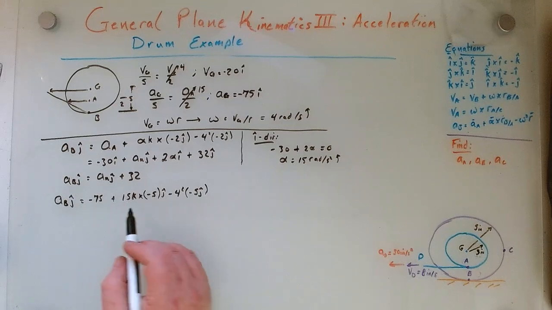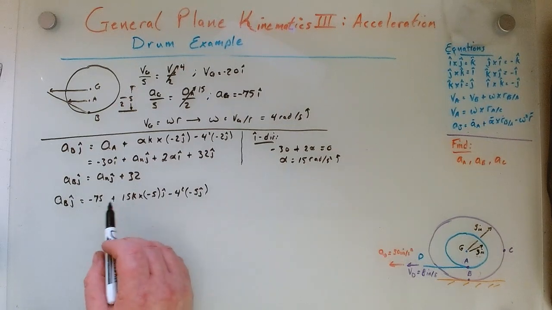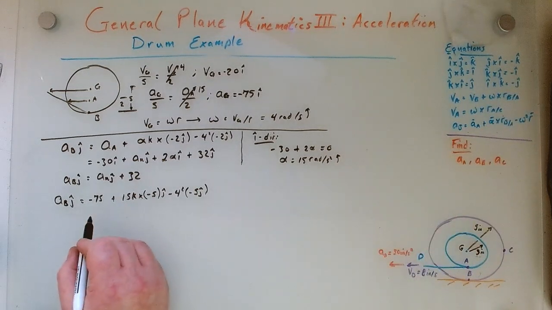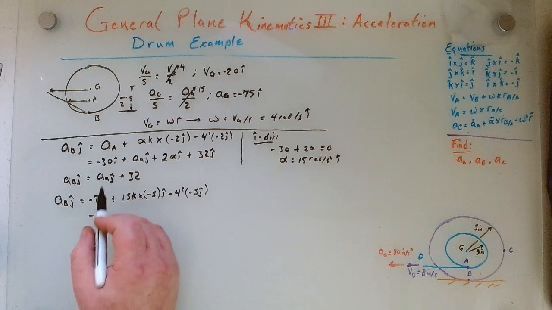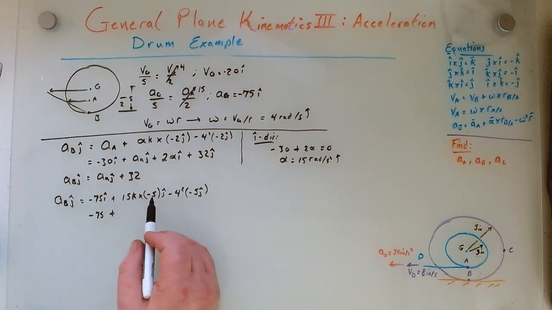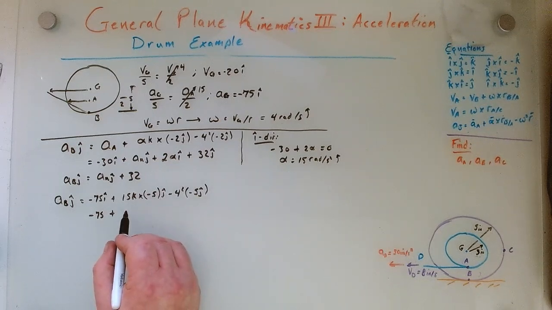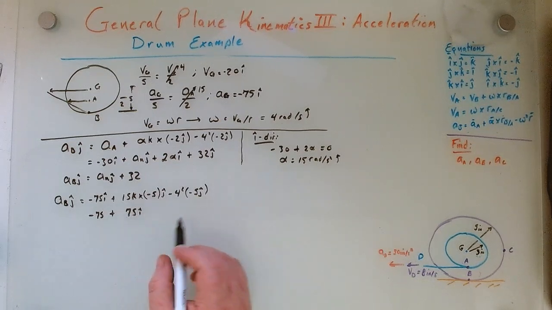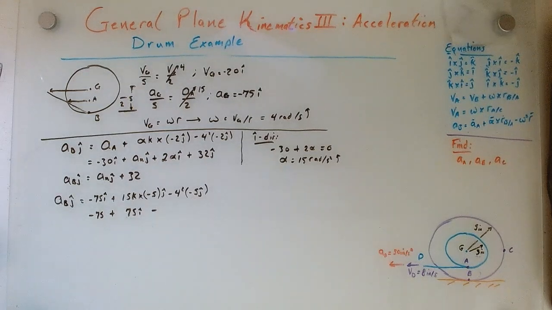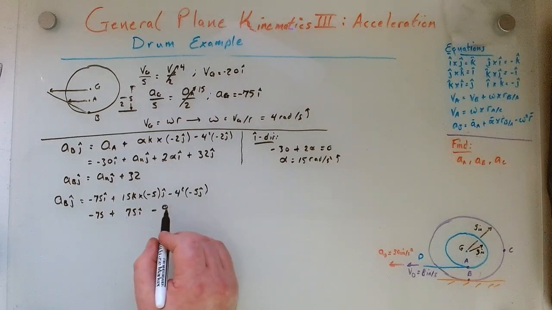This is 15 times 5, which is 75, and recall that it is negative, so this will be minus 75 in the i direction, plus, because negative is positive, plus 75i, minus 16 times 5, that's 80.